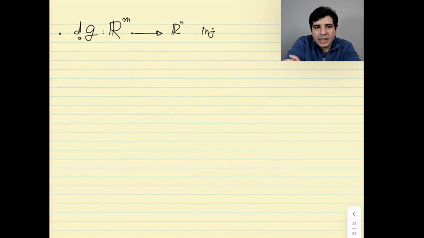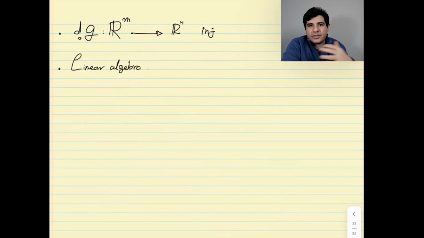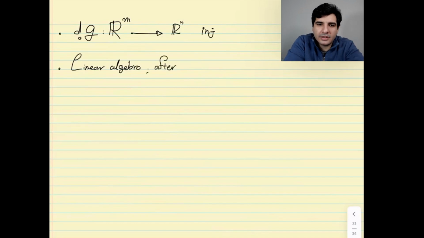Okay. So from linear algebra, we know any injective map from Rm to Rn, in a good basis, or say after a change of basis, has a very, very simple form.